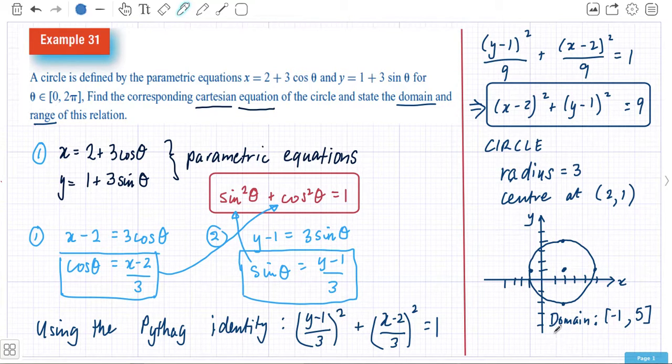And then range, same idea. This time this is going up and down. So adding 3 onto the 1 we get to 4, taking away 3 from that 1 we get to -2. So -2 to 4 inclusive. So that's our domain and range for our circle.